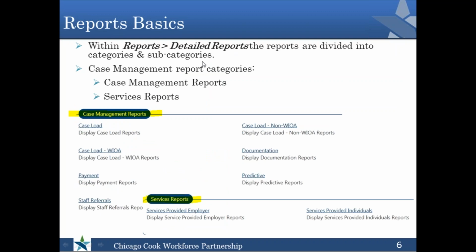Once you get to the detailed reports screen, there are report categories and subcategories and sub-subcategories. There's a lot of depth to the reporting. For the case management reports, most everything is going to be in the case management report section or the services report section.